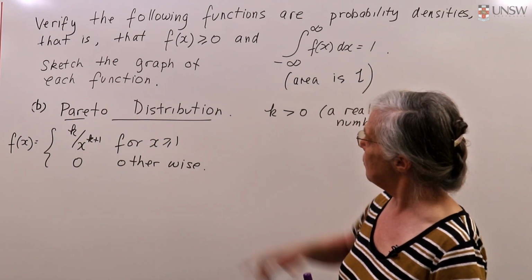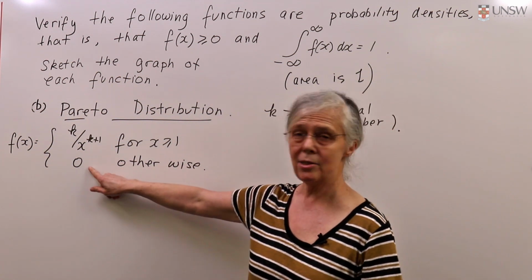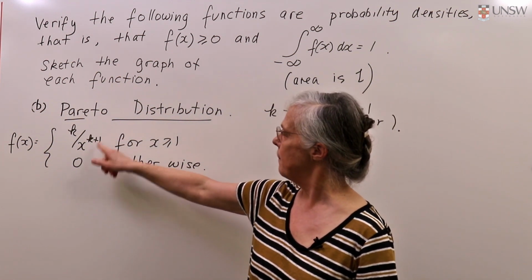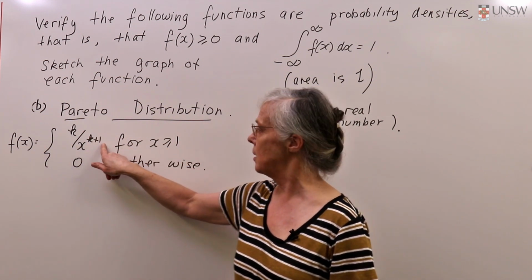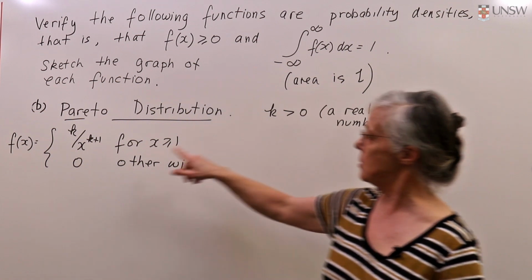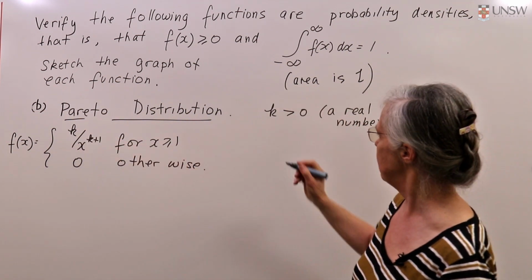Okay, so first off, to show that it's always greater than or equal to 0, well, it's 0 a lot of the time, and the rest of the time, when x is greater than or equal to 1, it's k on x to the k plus 1. Well, k is bigger than 0, x is bigger than 1, so this is always bigger than or equal to 0.